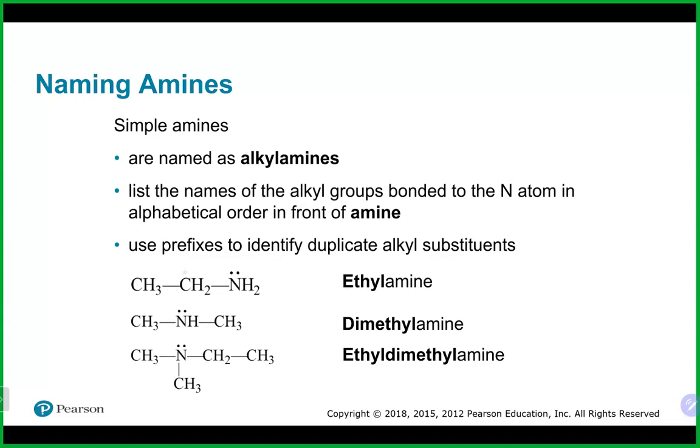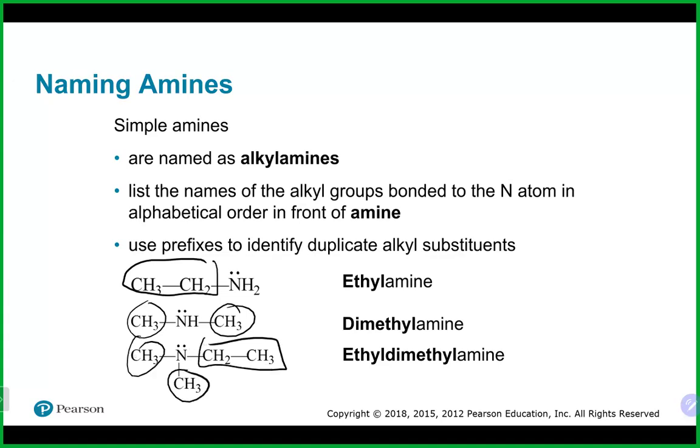So here we have ethylamine. Here we have dimethylamine. And here we have an ethyl group and 2 methyls. So that's ethyl dimethylamine. A reminder that when we have a prefix, we ignore the prefix in alphabetical order. So that's why the di comes second. M after E is what we're looking at in this particular case.